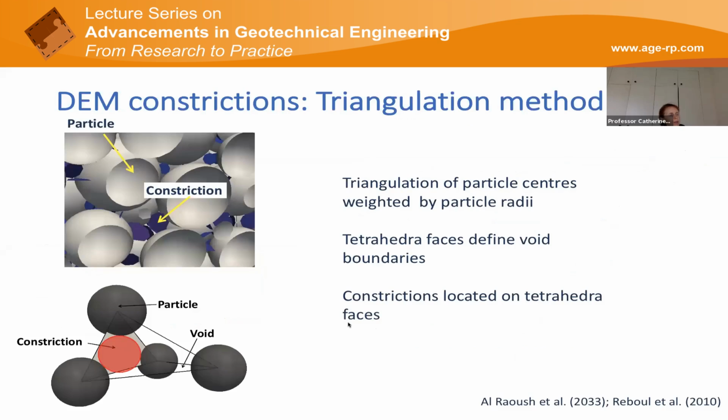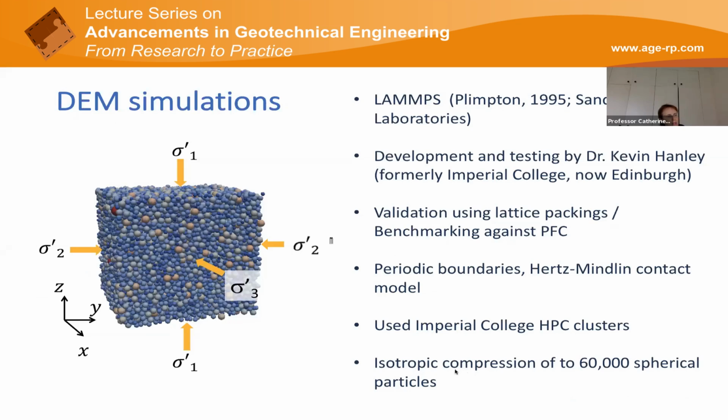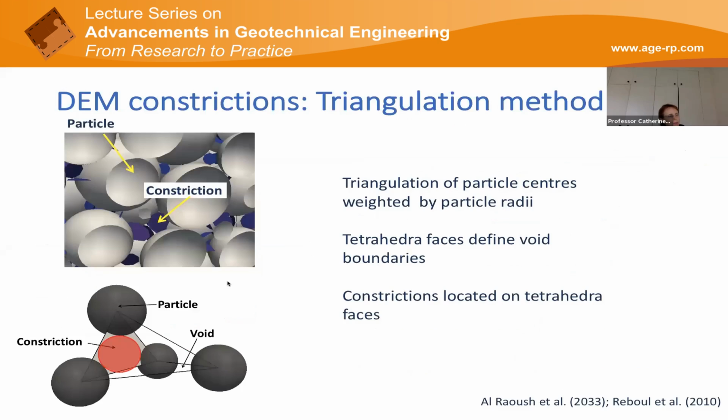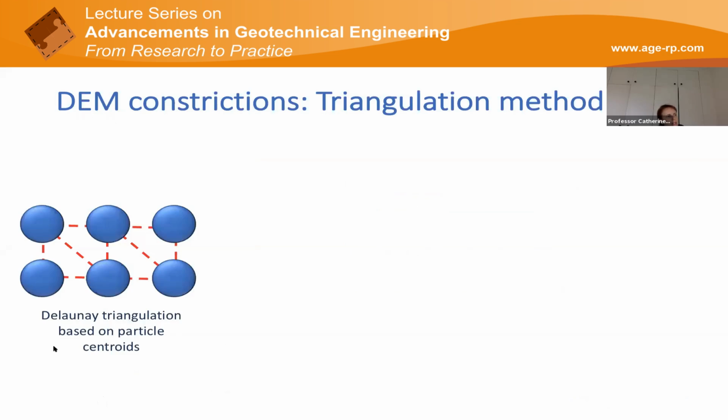So when we make a DEM model and we consolidate our samples to a particular stress level by isotropic compression, if we want to characterize the void space, we can use a triangulation approach where we use a form of a Delaunay triangulation to identify tetrahedra in the system formed by particles that are close to each other, and the faces of the tetrahedra define the boundaries between different voids.